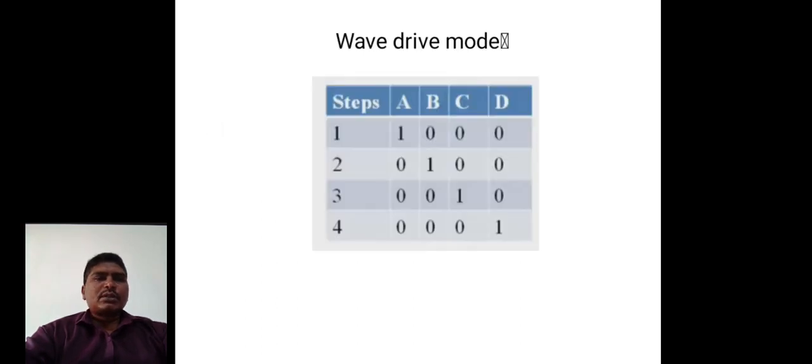The first one, wave drive mode. In wave drive mode, one coil is energized at a time. All four coils are energized one after another.